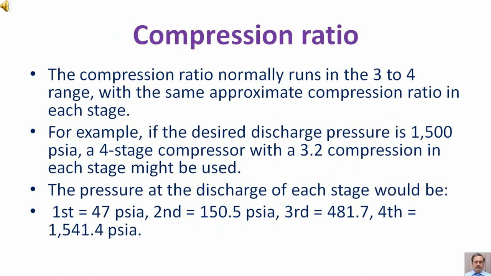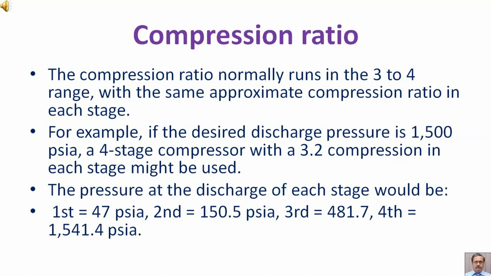The compression ratio normally runs in the 3 to 4 range, with the same approximate compression ratio in each stage. For example, if the desired discharge pressure is 1500 psi, a 4-stage compressor with a 3.2 compression in each stage might be used.